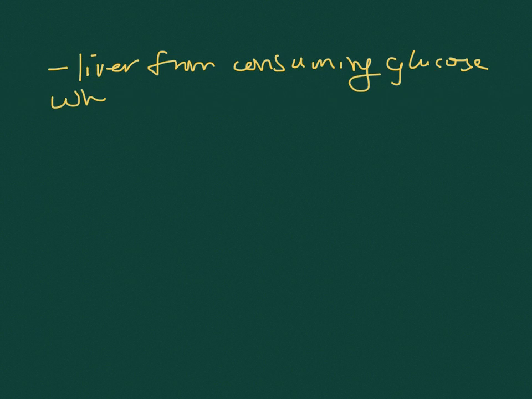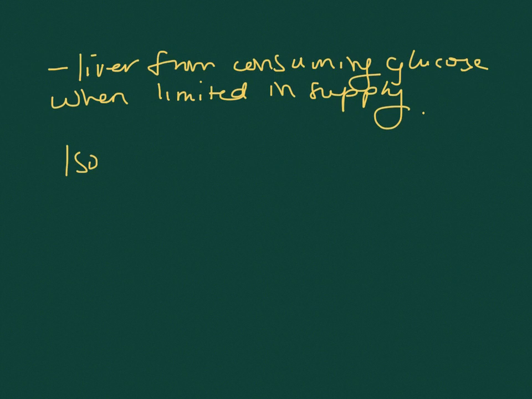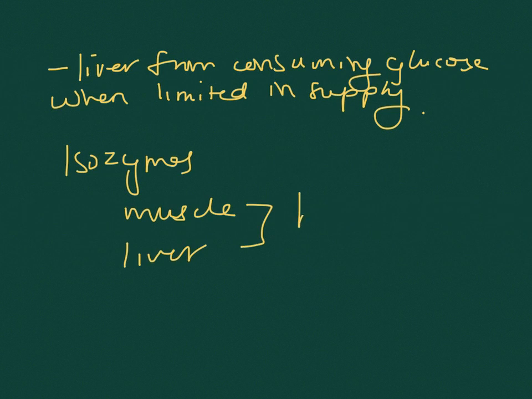This prevents the liver from consuming glucose when it's limited in supply. And so this is an example of how we can have different isozymes in the muscle and the liver based upon their biochemical role.